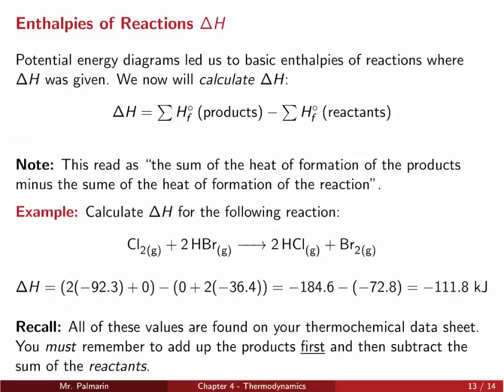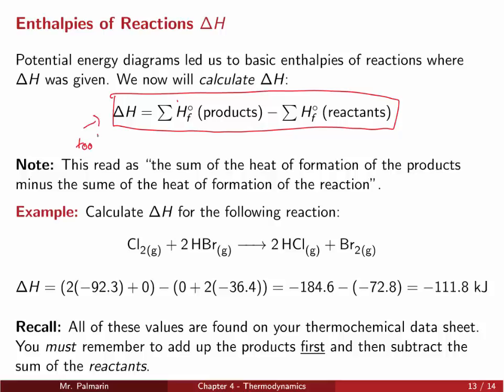So the point of this is that you can actually calculate, and this is an observed or proven fact, I guess you could say, it's survived the test of time, that delta H is equal to the sum of the heat of formation of the products minus the heat of formation of the reactants. This is the tool we need to find delta H without conducting an experiment.